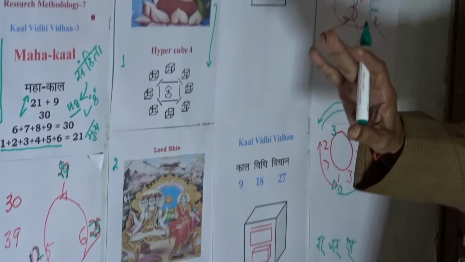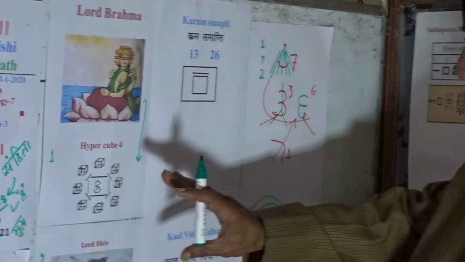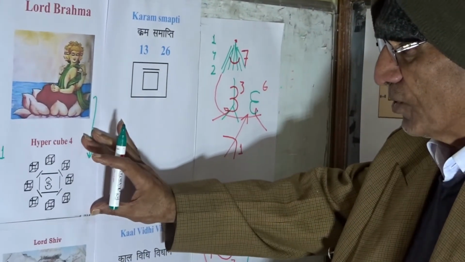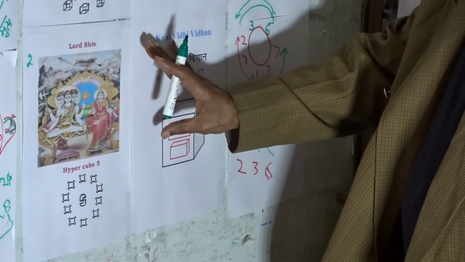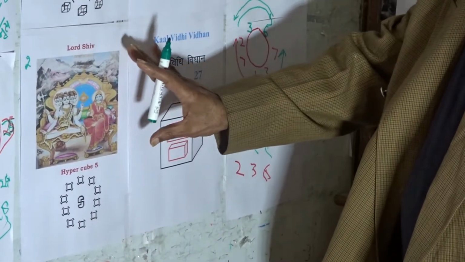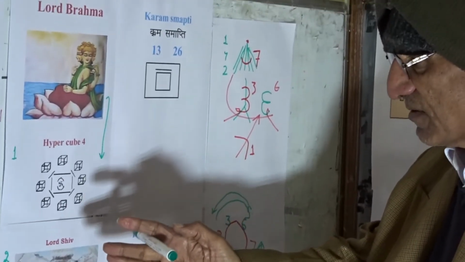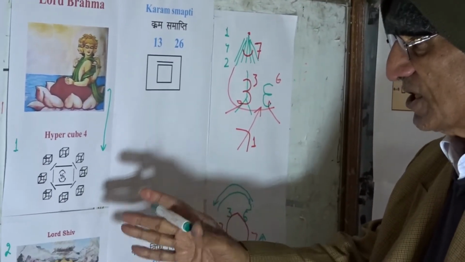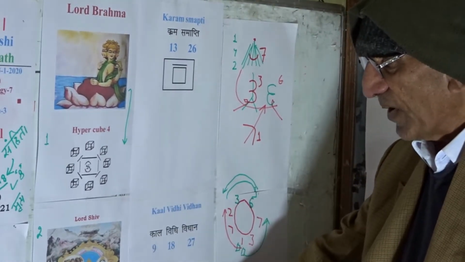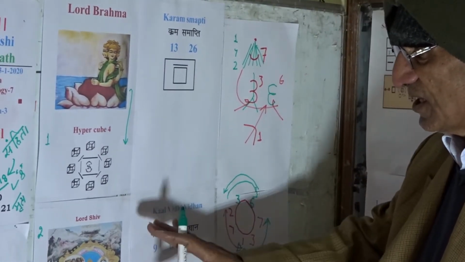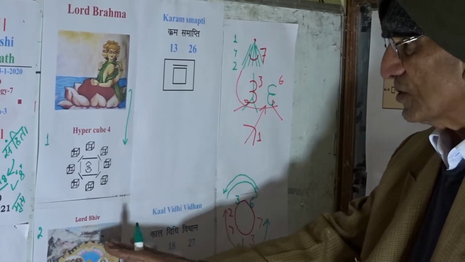Therefore, for transition from hypercube 4 to hypercube 5, our initiation point remains 4 space. We initiate ourselves for transition from hypercube 4 format to hypercube 5 format with initiation point being the 4 space itself.